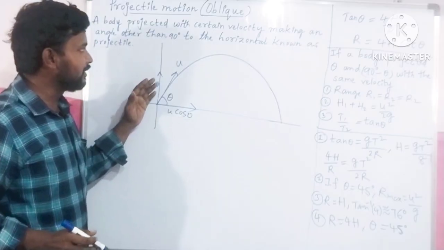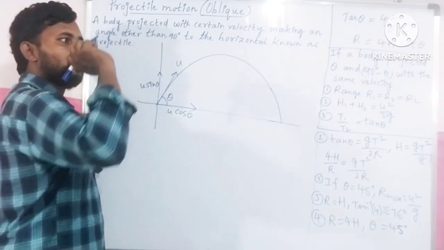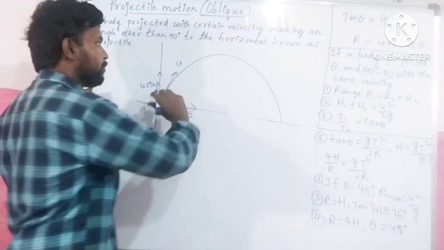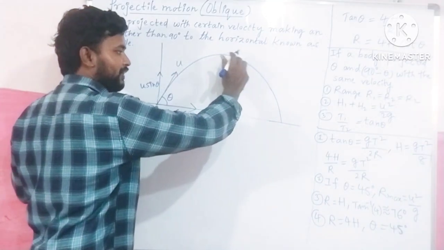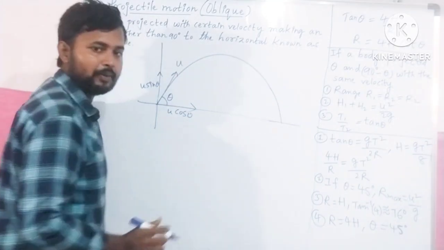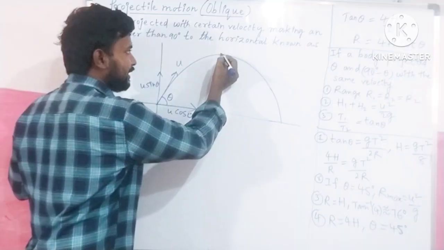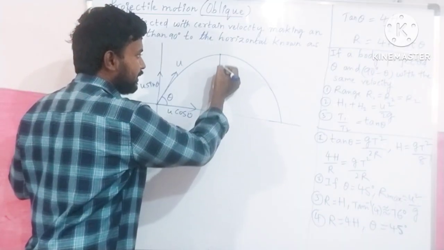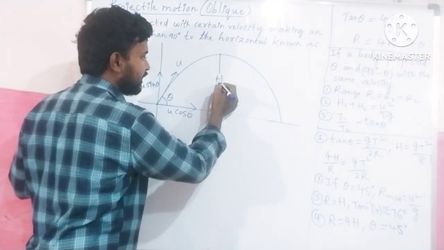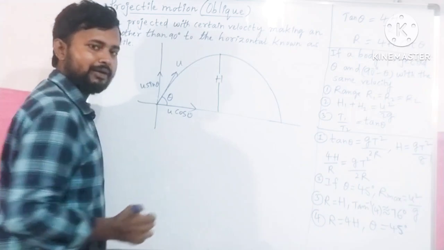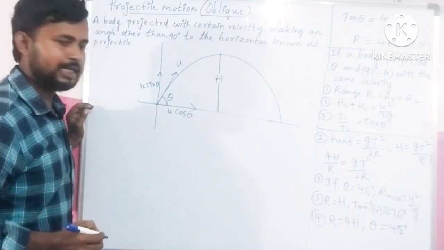When a body is projected upwards, it moves to some height, and after that it finally reaches the ground. The maximum height reached by the body we take as h.